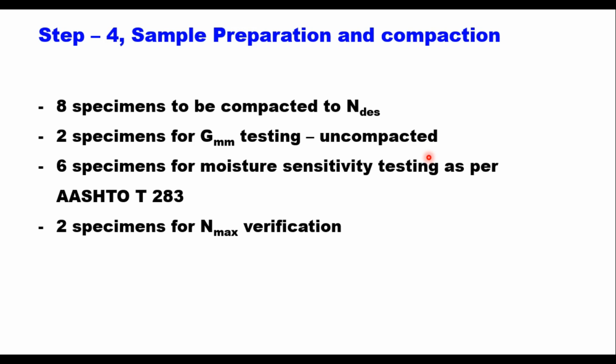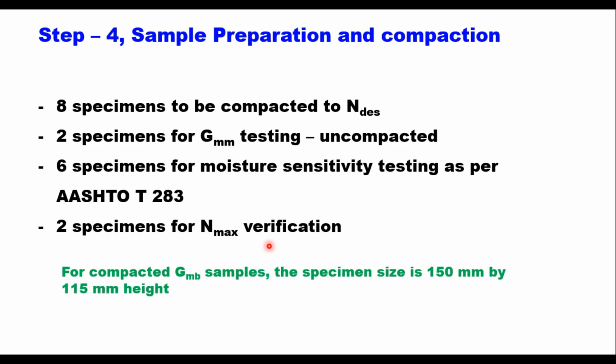Step 4 is sample preparation and compaction. Several specimens are prepared for design of the mix. 8 specimens to be compacted to end design. 2 specimens for GMM, which are tested but they are not compacted, they are kept loose. 6 specimens for moisture sensitivity testing as per AASHTO T283, that is your TSR, and 2 specimens for N max verification.